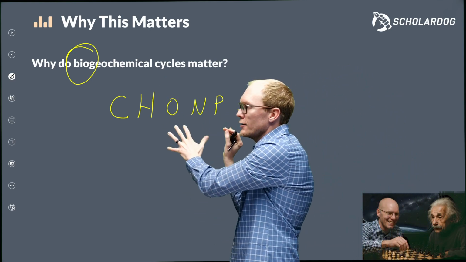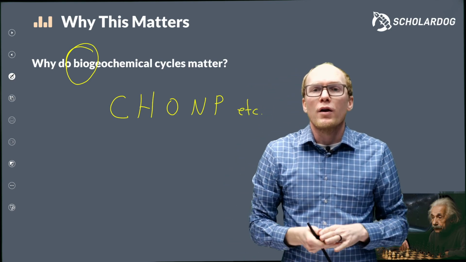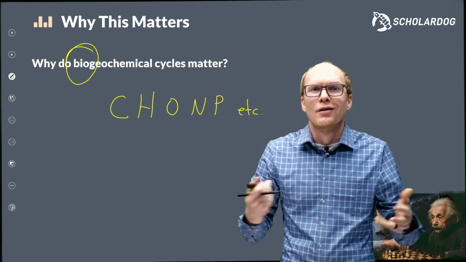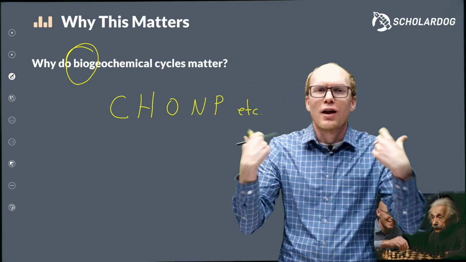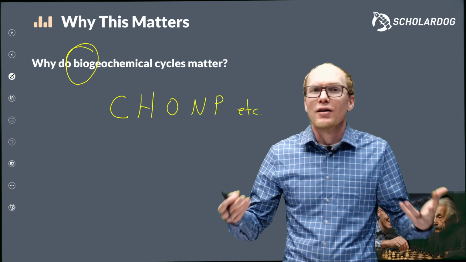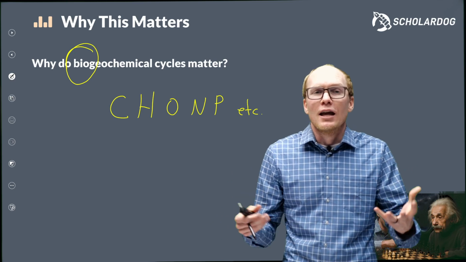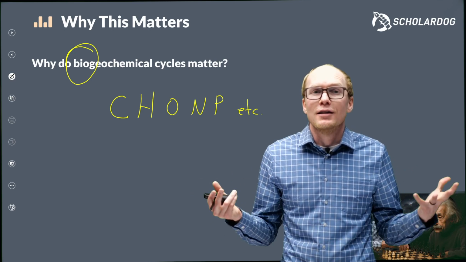So if we can trace where all of these things come from, we can understand where we are getting the chemical components of what makes us alive. So again, why does this matter? Because we should care about staying alive. We should care about getting the nutrients and the macromolecules we need in order to stay alive.